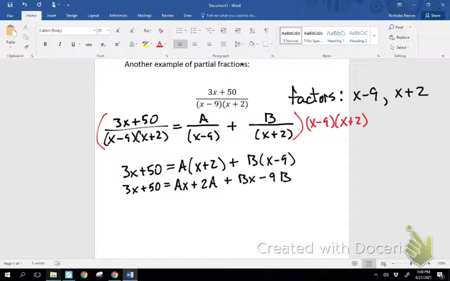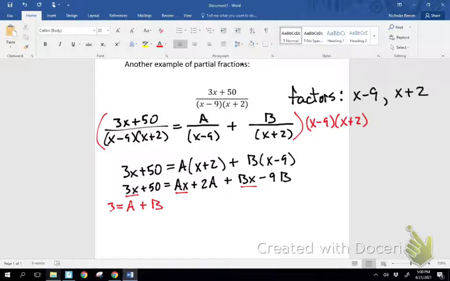All right, last step. Create a system and solve the system. So if you need to, make a mark on the x terms. So we have the x terms right here. And that creates an equation in a system. So we're going to just take the coefficients and say 3 equals a plus b.